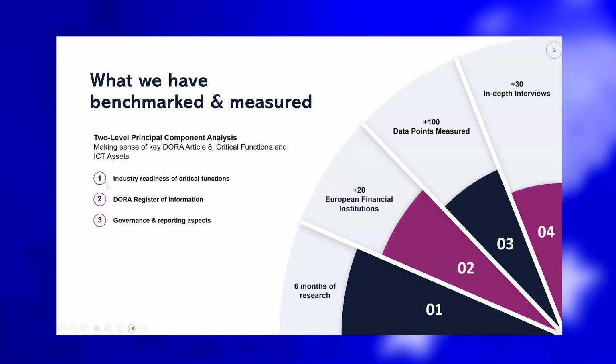And the 3 main areas that we were looking at is the overall industrial readiness of critical functions, the DORA register of information, but then of course, what is so important, governance and reporting aspects. So this is the foundation for a lot of the data and the decision making that we typically bring into our engagements and projects then.